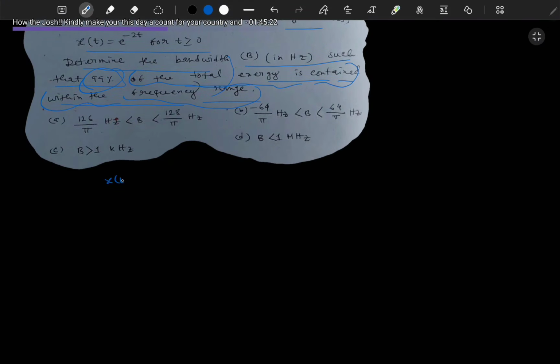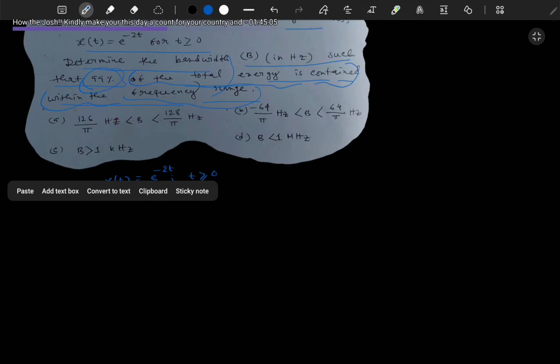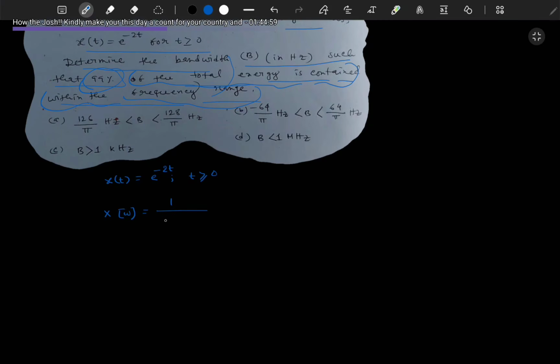So x(t) equals t e to the power minus 2t u(t), t greater than or equal to 0. Now here X(omega) equals 1 over (2 plus j omega) whole square.